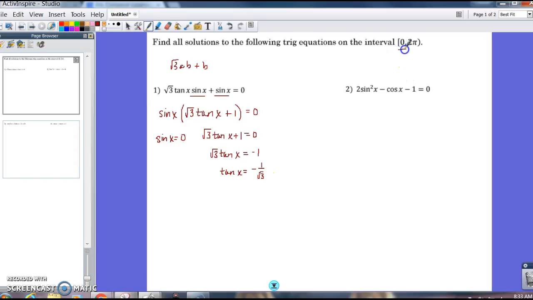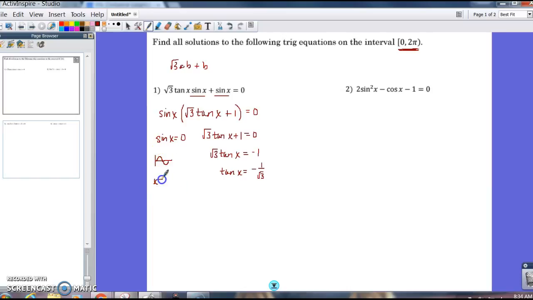I'm looking for all of the solutions that are in this interval 0 to 2 pi, not including 2 pi. There's a parenthesis there, so I'm not including anything that's actually at 2 pi. So because I have sine x equals 0, whenever you see 0, 1, or negative 1 for either your sine or cosine equation, I would draw the graph because that pretty much tells us where it's 0, where it's positive 1, where it's negative 1.